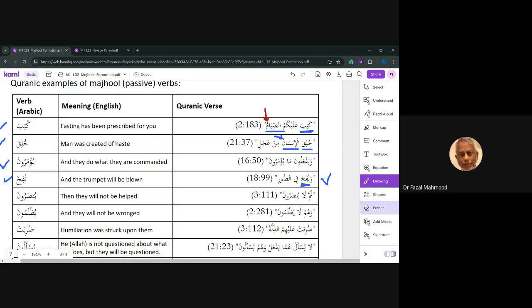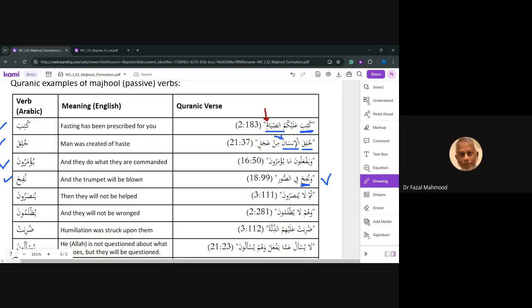Have you got a Dhamma there? No, so it is not a naib fa'il. But I thought because of fi, it changes. Yes, but he has changed it. It is not Dhamma anymore. So there is no naib fa'il here. Okay.